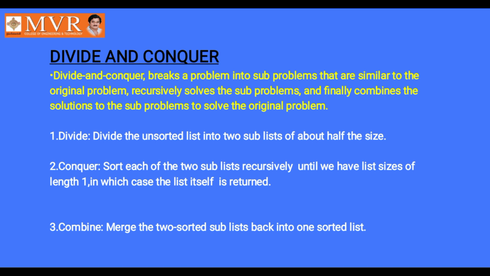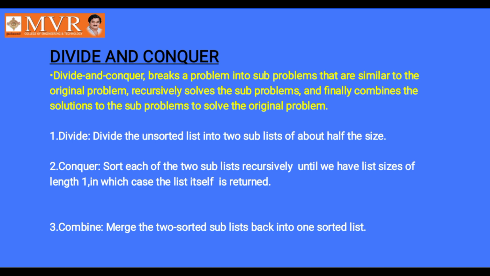Then after that, each half will again be broken into smaller ones, like that in recursive order the whole list will be broken down into small sub-problems, and we will solve the smallest sub-problem and then combine all these in the process and get the solution for the problem.